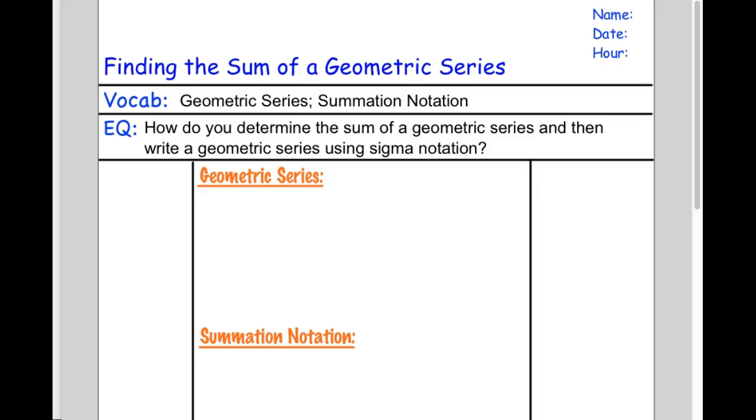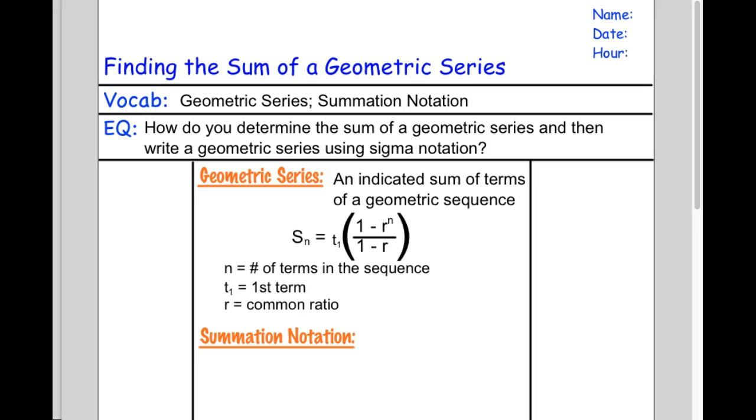So first we need to learn what the geometric series is. And that says it's an indicated sum of terms of a geometric sequence. So then we have S sub n equals T sub 1, parentheses 1 minus r to the n, over 1 minus r, parentheses.